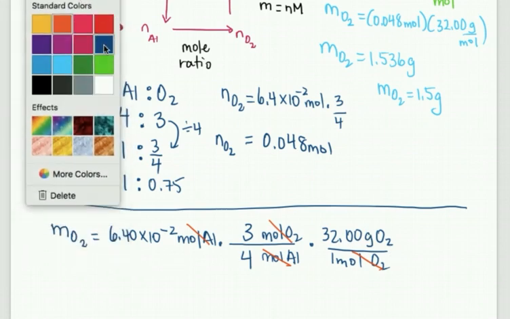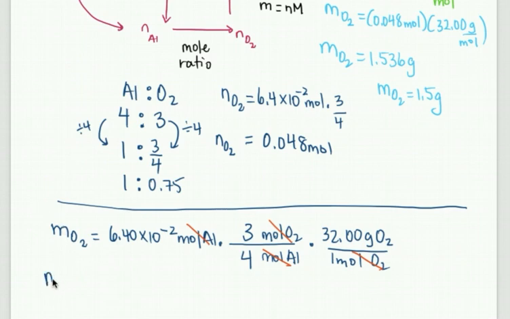So at first, I'm going to show the steps here while you're getting comfortable using this method. I'm going to go 6.4 to the negative 2 times 3 times 32 equals. So at the top, when you hit equals, you should have this on your calculator. And then at the bottom, it's 4.